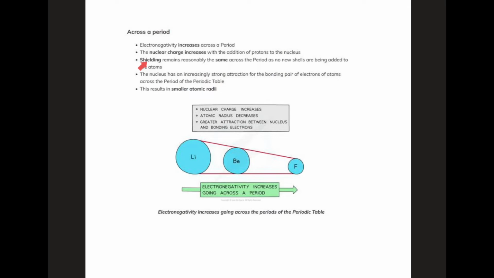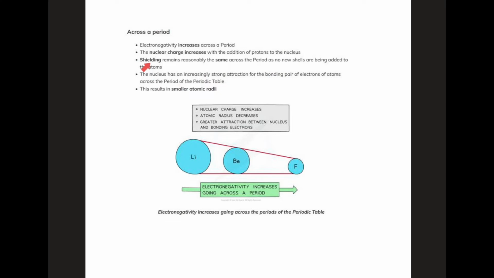Shielding is very much affected by the shells. If there is no change in the number of shells, the shielding will remain more or less the same. Then the next point, the nucleus has an increasingly strong attraction for the bonding pair of electrons of atoms across the period of the periodic table.